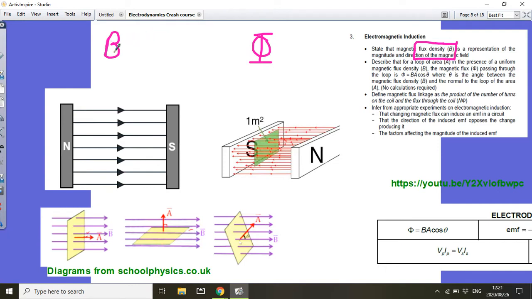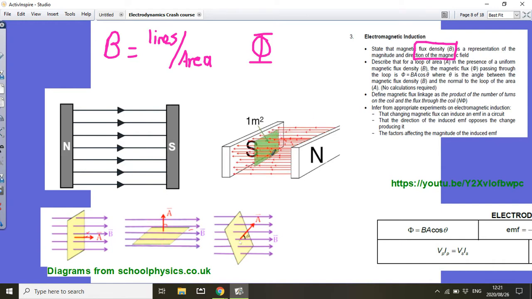So density, let me just write it: it's the number of lines per unit area, so we can almost say lines per area. But flux is the total number of lines that passes through a specific area. So it doesn't have to be 1 square meter, it could be 2 square meters.